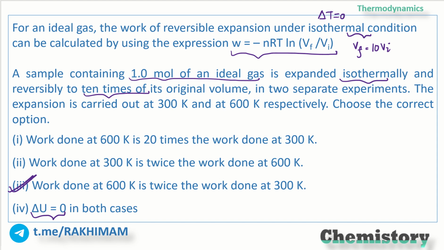If I talk about internal energy of an ideal gas, it is a function of temperature. So for an ideal gas, internal energy is only dependent on temperature and the number of gas particles. So delta T is 0, delta U will be 0. So the third and fourth are the right answers to the question.